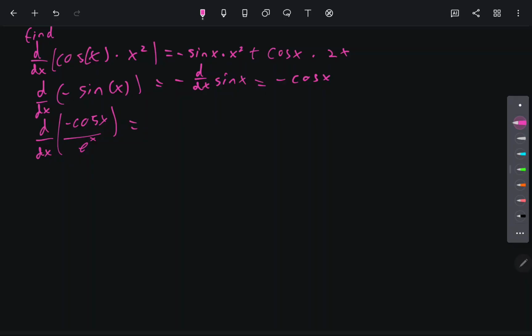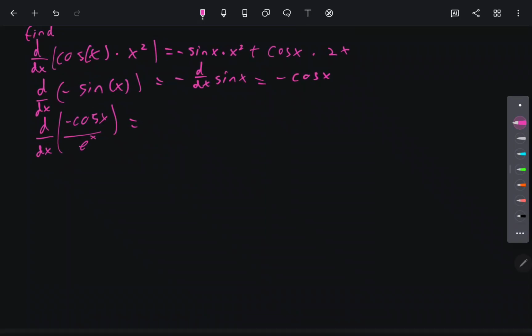And finally, we have a quotient rule. We're going to get the derivative of the top, which is going to be sine of x, times the bottom, e to the x, minus the top, which is negative cosine of x, times the derivative of the bottom, which is e to the x, all over the bottom squared, which is going to be e to the 2x.